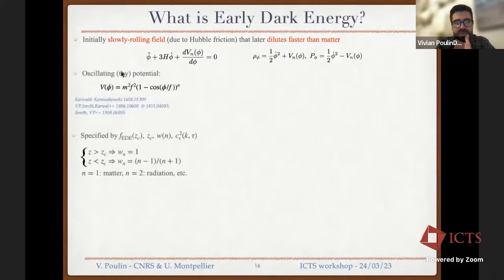So what you can do is modify slightly the axion potential by putting a small exponent here. And this small exponent is not extremely well motivated from first principles. That's okay. What we're trying to do is simply have a handle on the rate of dilution of the field once it starts rolling down its potential, in order to go faster than matter. But take this as a toy model.